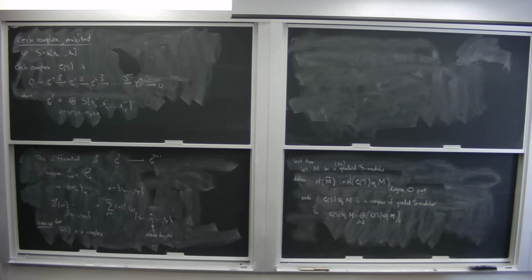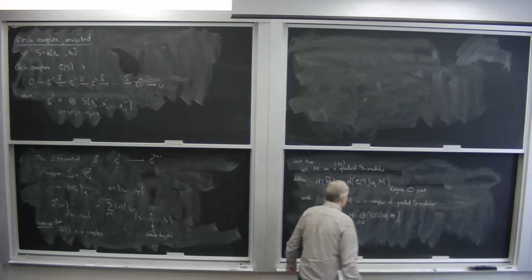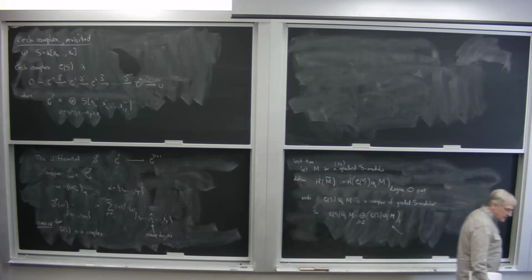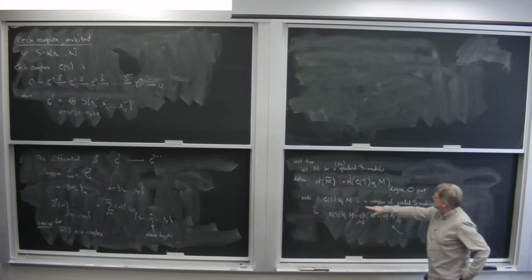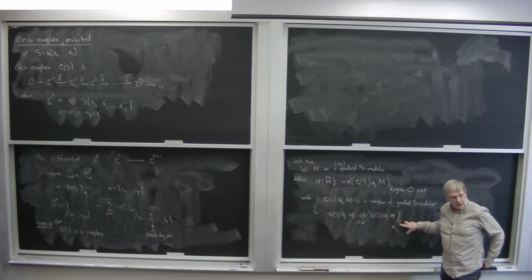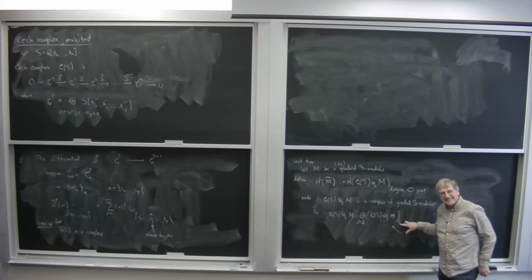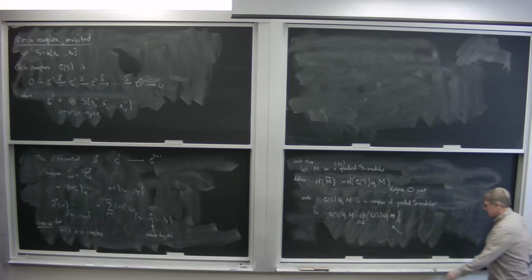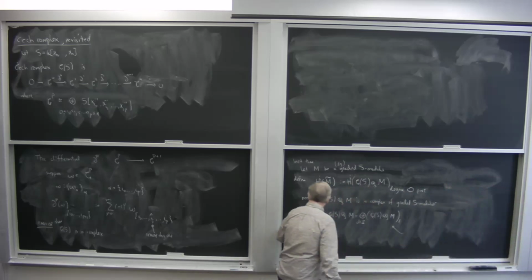Okay, so let's do a type check here. See this thing here, C of S tensor M, and then I take this thing where I take sub d. What kind of object is that? So let's actually write this down.